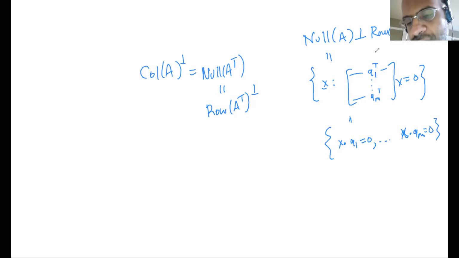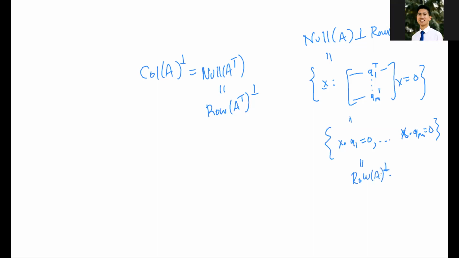But that's the same thing as being the orthogonal complement of the row space. So is that okay? Yeah. Okay, good. So this step is okay. And now the question is, how is this related to this? They're equal? Very cool, because the transpose swaps around column space. So that's it. Oh, okay. Yep.